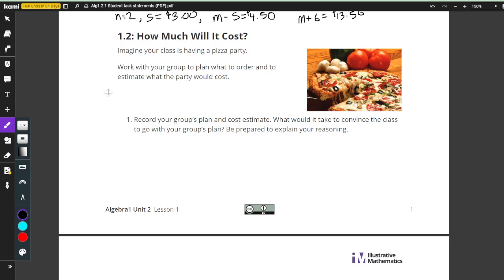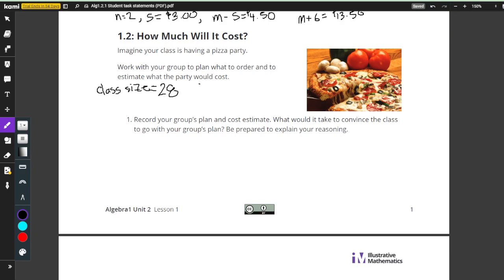Let's say we have a class size of about 28.